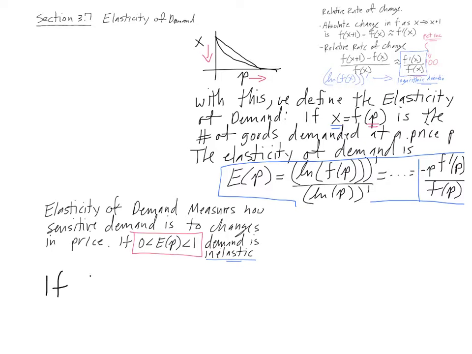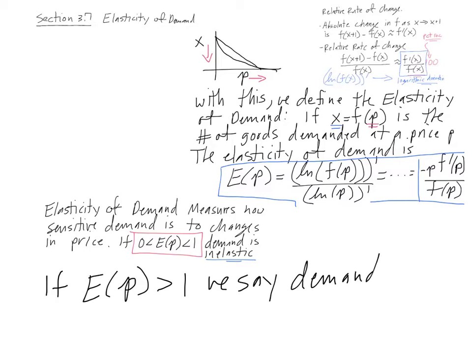If elasticity of demand is greater than 1, we say demand is elastic. So in other words, demand changes quite a bit when you change price.